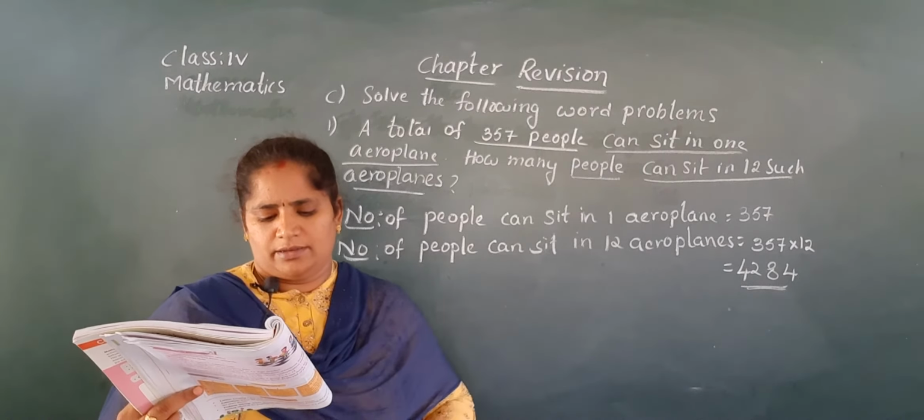Estimate the number of people in 5 such towns. See, Nana, here in one town there are 1,17,300 people. How many people are there? 1,17,300. First estimate this number, Nana.